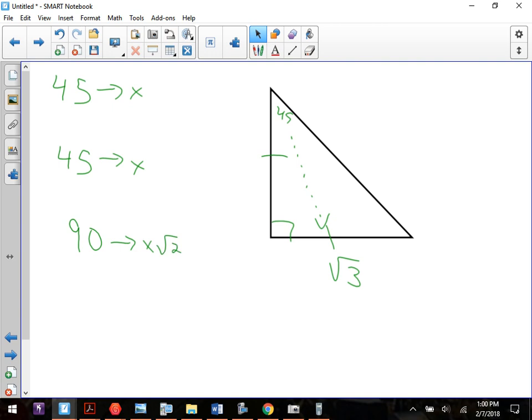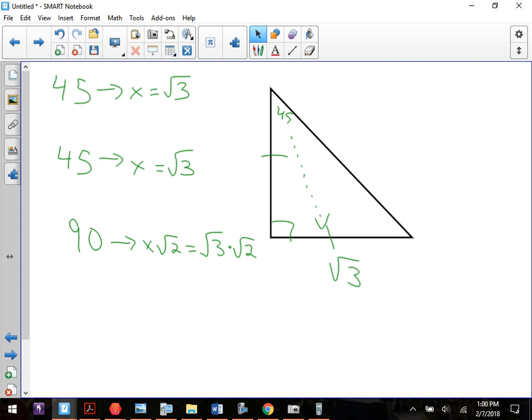So if I know that across from a 45 is the value of the square root of 3, that means everywhere I see an x, I'm going to put square root of 3. And now I have to figure out how do I type in my calculator if I can say the word, the square root of 3 times the square root of 3. Exactly, literally, just like that.